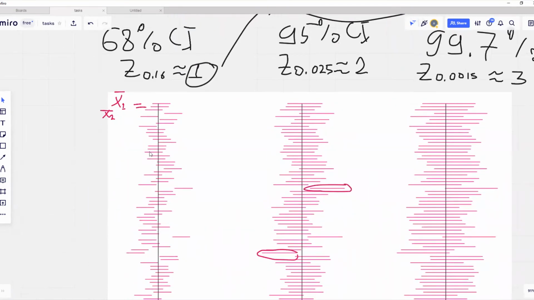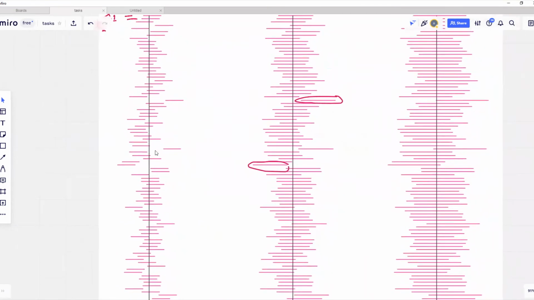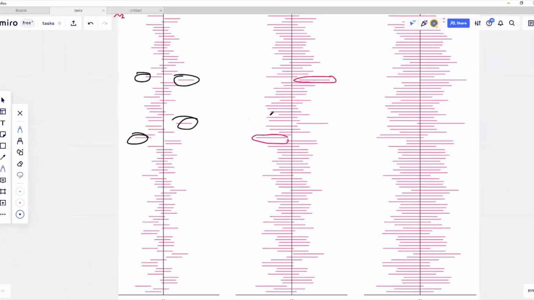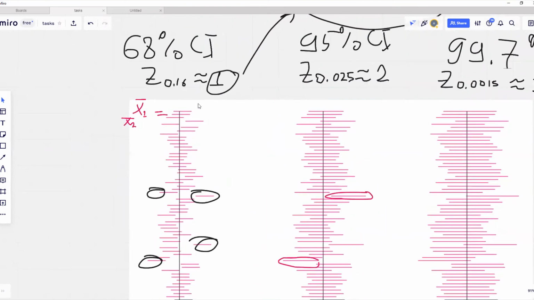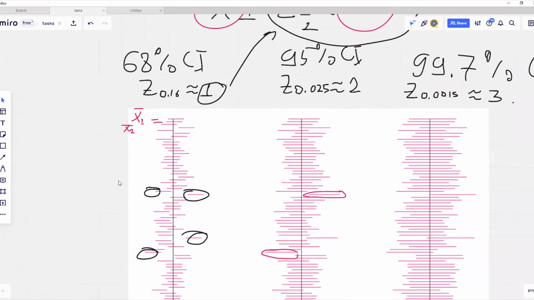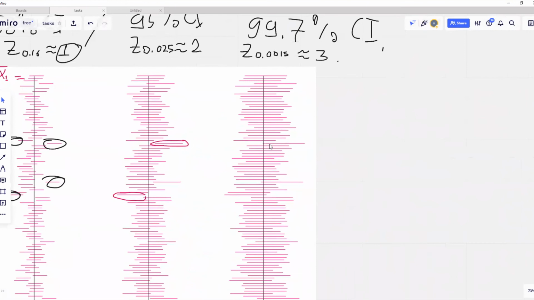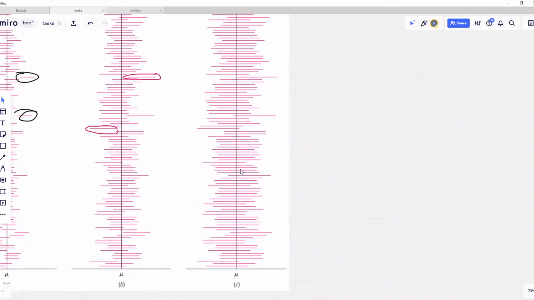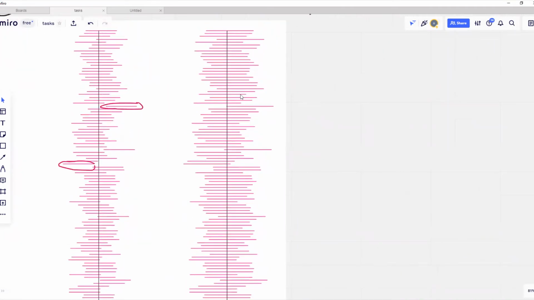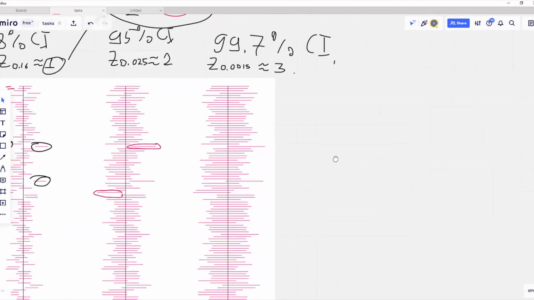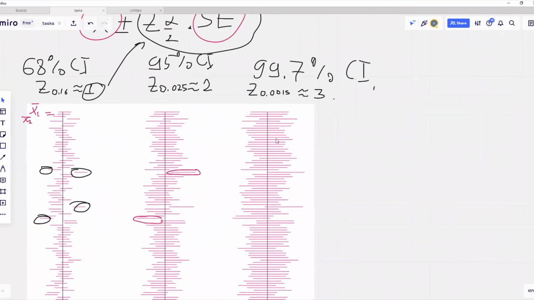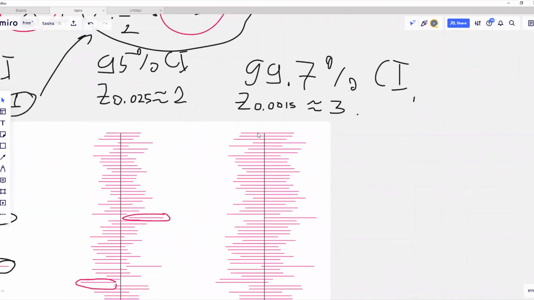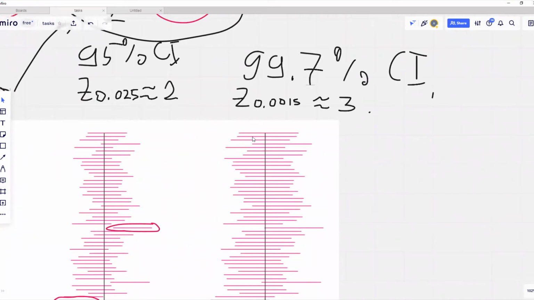As you can see, there are far more intervals that are not going to cover the true population mean compared to the 95% confidence interval. However, the width of that confidence interval is smaller. And as we can see in the last case, almost all intervals, I believe in this simulation all intervals, cover the true population mean. However, we can see that the width of the confidence interval is larger.